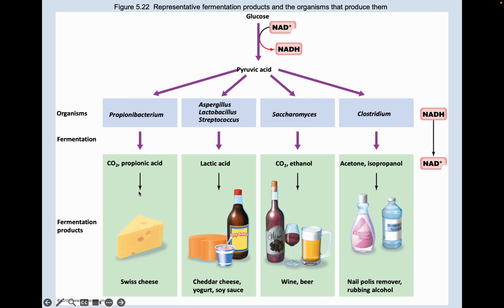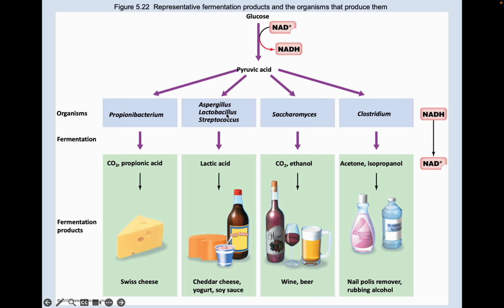So cheese is also made by fermentation, certain cheeses. So Swiss cheese, for example, gets its flavor profile. It's their CO2, right? Which helps to make these air bubble pockets in there. And propionic acid helps to give it the flavor. And the organism that's used to make Swiss cheese is Propionibacterium. Lactic acid fermentation is also something that's important to foods.